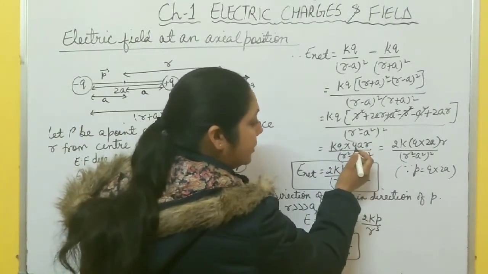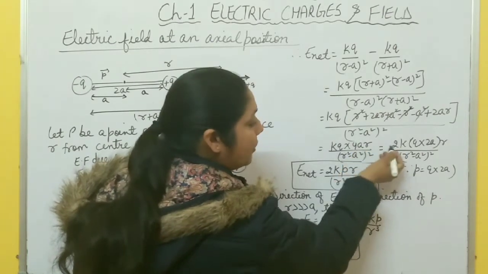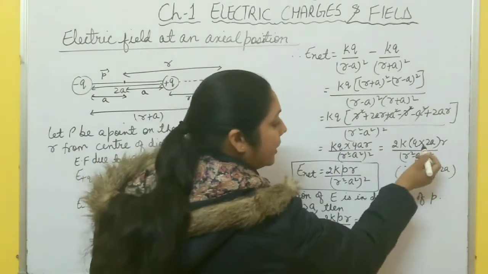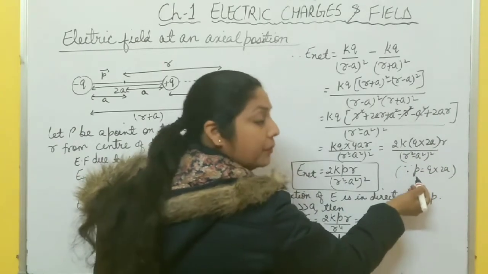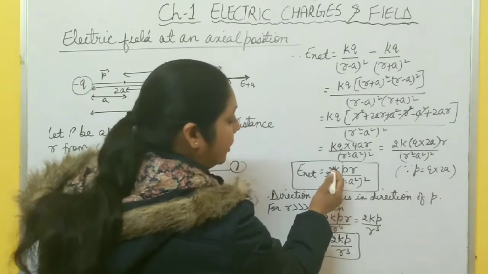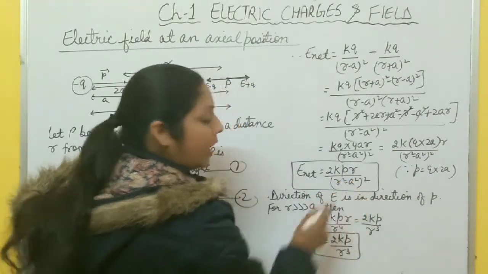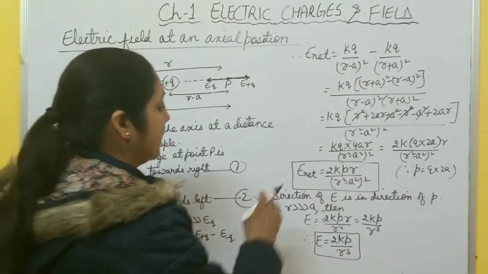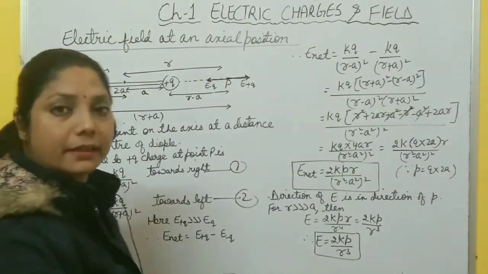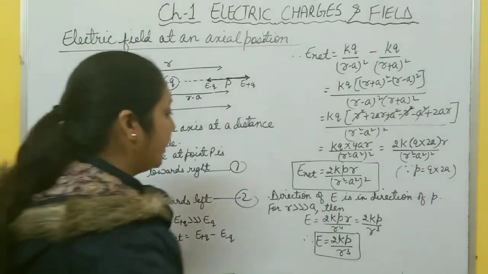If you take 2a here, then you take 2 outside: q into 2a, and 2 outside into r. And q into 2a is what? The dipole moment p. So you write q into 2a as p. So 2kpr by (r square minus a square) whole square is the net electric field at any point at distance r from the center of the dipole, on the axial position, right?